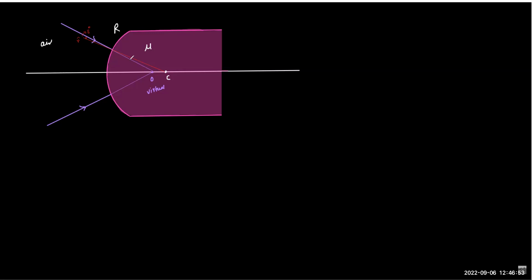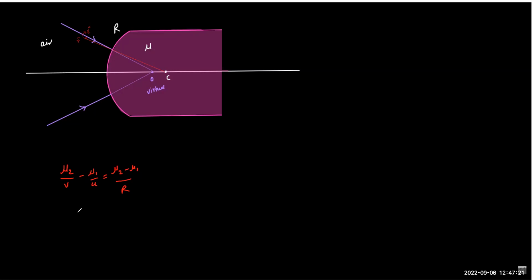When we say mu, the formula that we derived was mu2 by v minus mu1 by u equals to. So mu1 is the medium from which the ray is coming or is incident, and mu2 is always the medium in which the ray is going to refract.